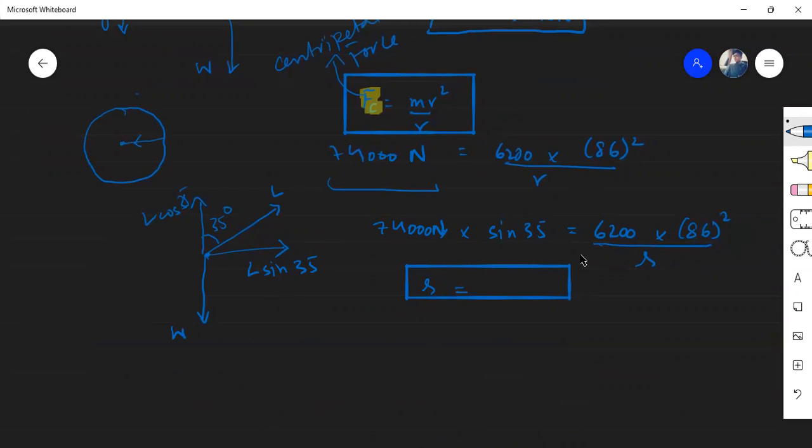Times sine 35 is equal to 6,200 times 86 squared divided by R. So just make R the subject and you have your answer. So R is 1,080 meters.